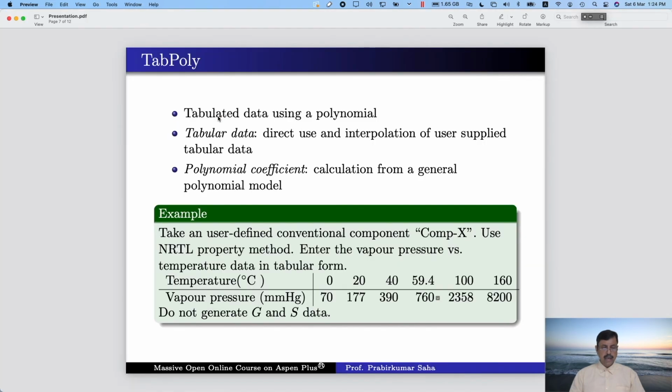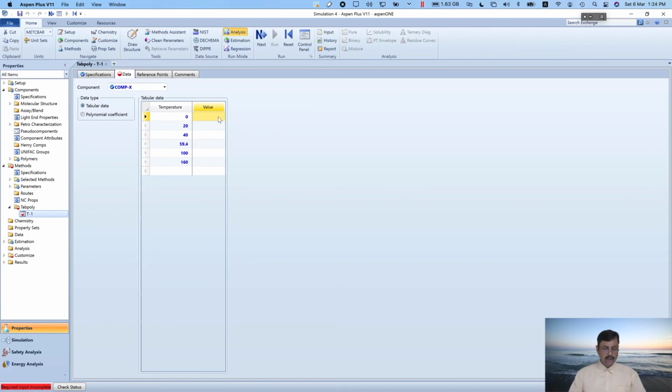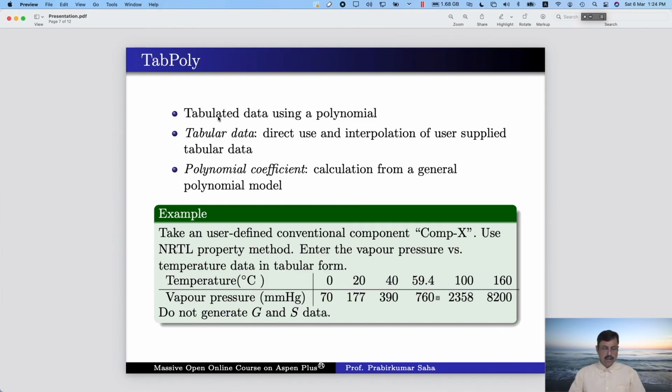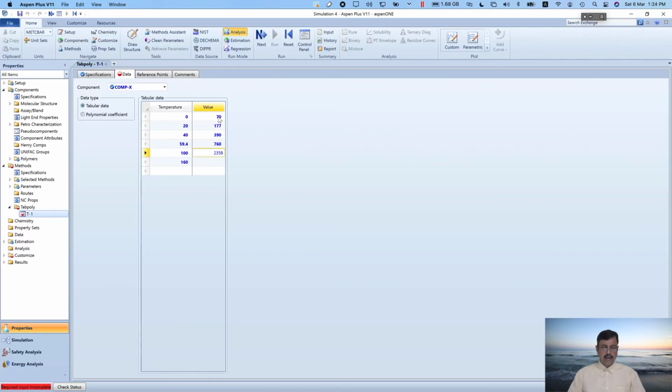Similarly, the values of vapor pressure we have are 70, 177, 390, 760, 2358, and 8200. So we have the vapor pressure data that we have fed in to the identity of compx. So from there, Aspen can estimate for compx.